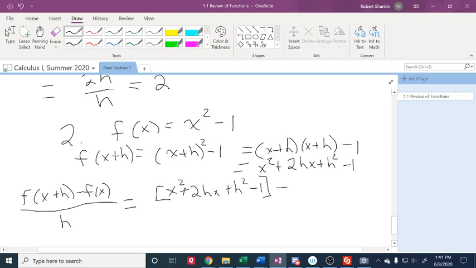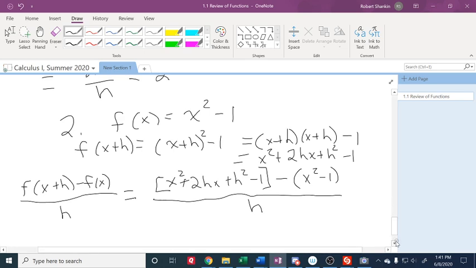Minus, now f of x. Now a very common student mistake is to not put parentheses around this, but all of f of x is subtracted, so I've got to have parentheses around it, all divided by h.